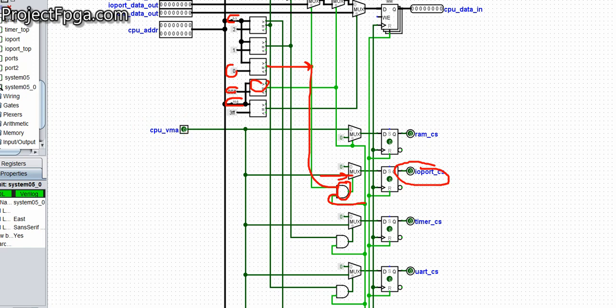So if this AND gate is on, then the value here will be this CPU VMA.